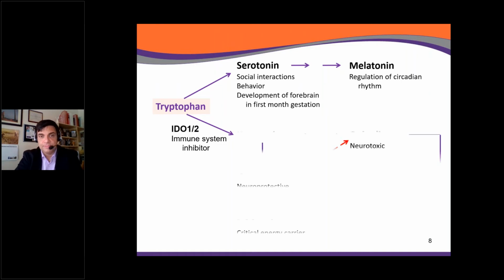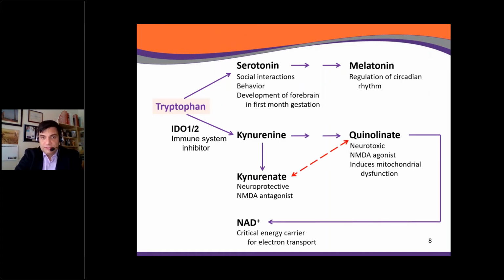And this pathway leads to kynurenine, and then the end products kynurenate and quinolinate, which are antagonists to each other. Their balance is very important in development, because kynurenate is neuroprotective, quinolinate is neurotoxic, and it's involved, as you can see, in mitochondrial function, and also it is important in early processes of neuronal apoptosis.